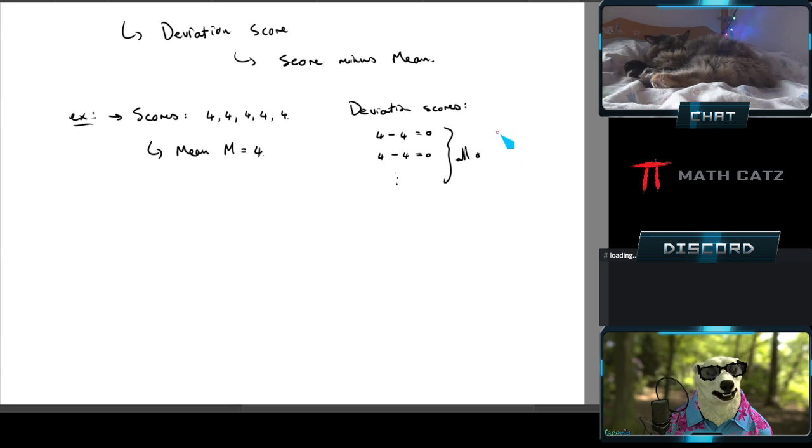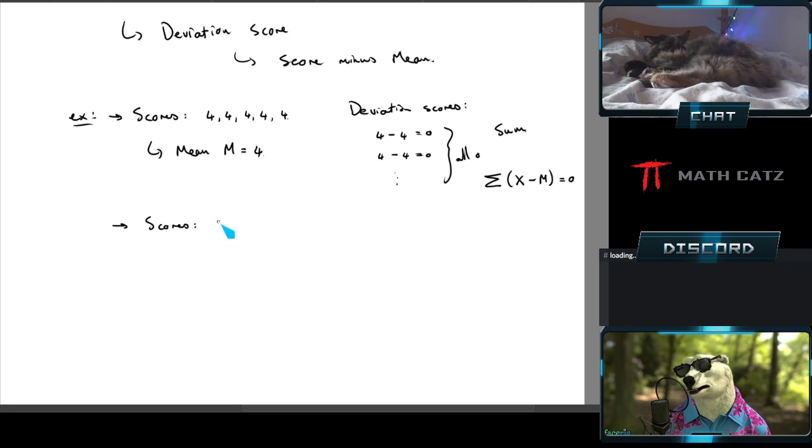So if I add up all the deviation scores, the sum of x minus the mean, add all of these together, I'm going to get a 0, which makes total sense because there is no deviation. There is no spread around the mean. If I look at my histogram, it's a single bar. There is nothing else. Okay, so it makes sense. All the deviation scores should be 0. Great. Why am I doing this? Well, you'll see in a second.